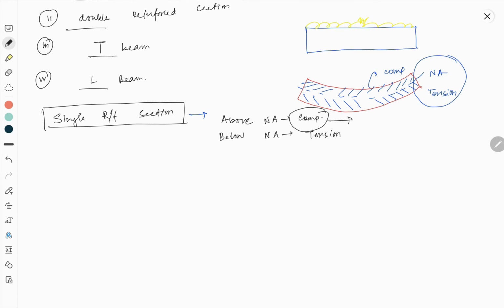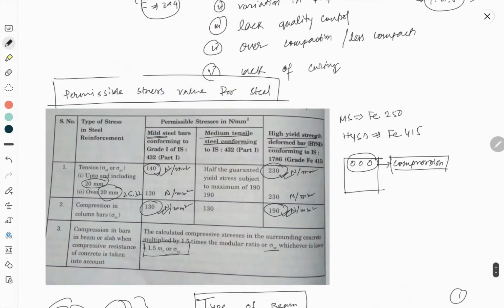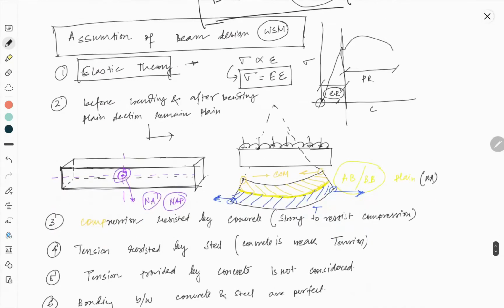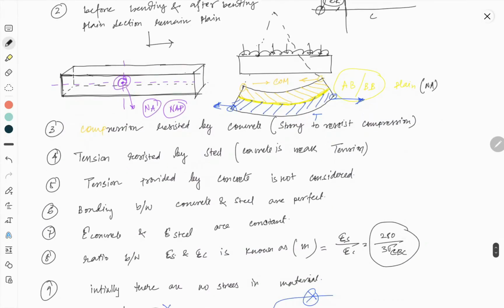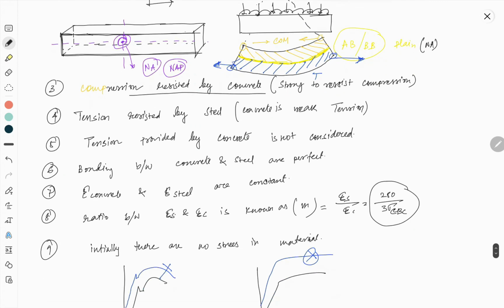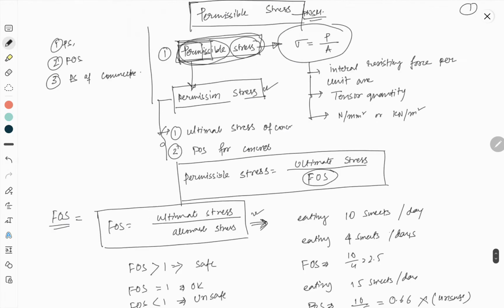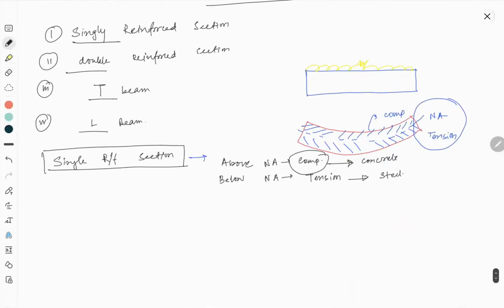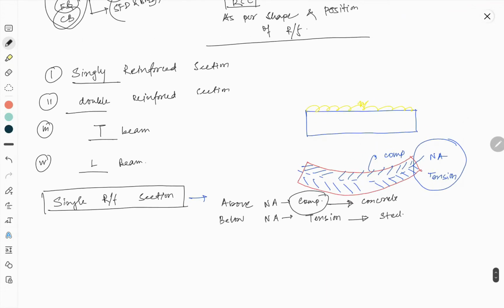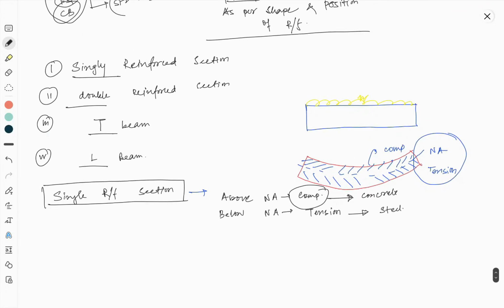Concrete takes the compression, and tension is taken by steel. That is mentioned in our assumptions video. Here are the assumptions: compression is resisted by concrete, tension is resisted by steel. That is very much clear.